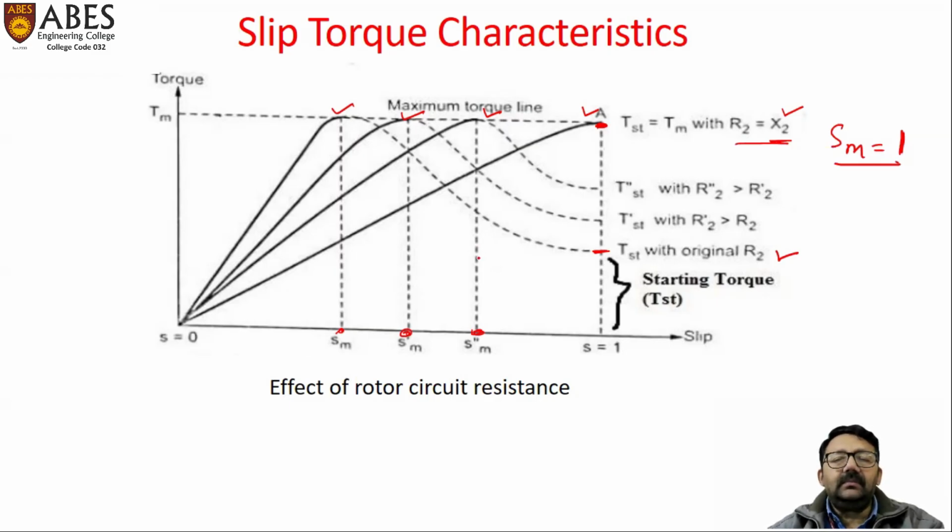And if the rotor resistance is made equal to the standstill rotor reactance, in that scenario we can get maximum torque at the instant of start. And the most important conclusion is that by increasing rotor circuit resistance, we can govern the position of maximum torque. By increasing rotor resistance, we can achieve maximum torque at lower values of speed or at higher values of slip.